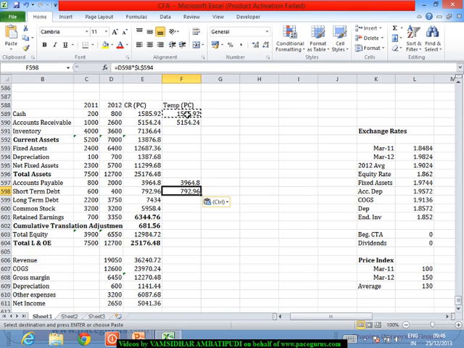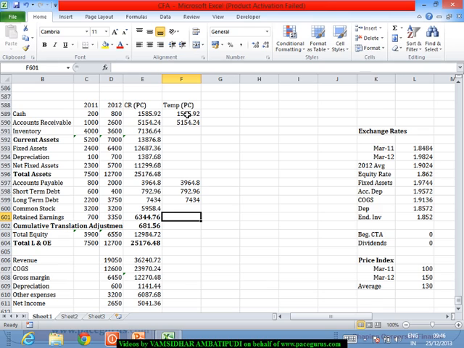Short term debt, yes, I will convert it, as well as the long term debt. So these elements I am going to convert as per the current exchange rate itself. Which means at least for these entries there is no difference between the current rate method and the temporal method.